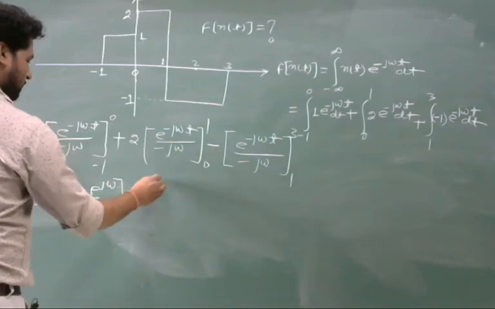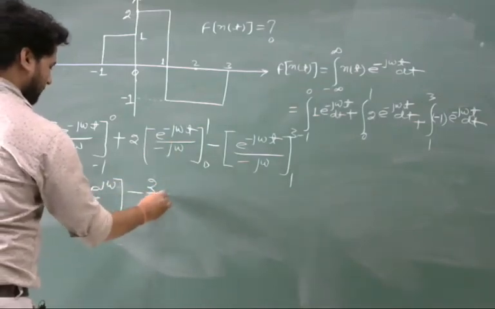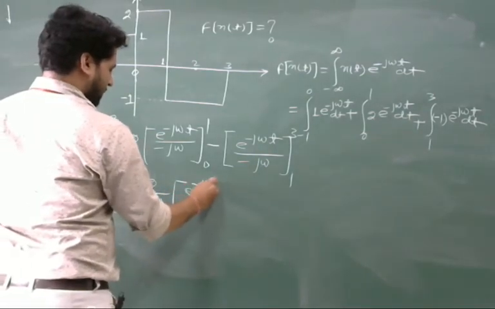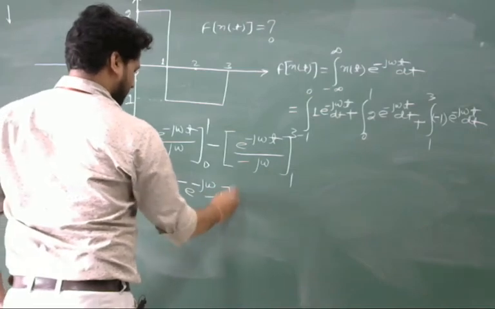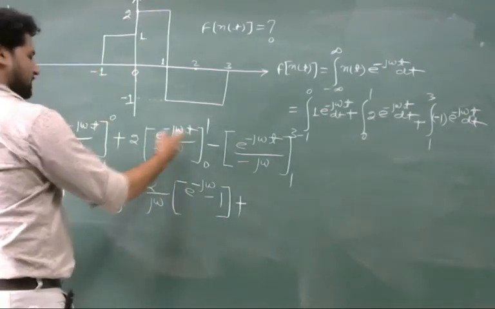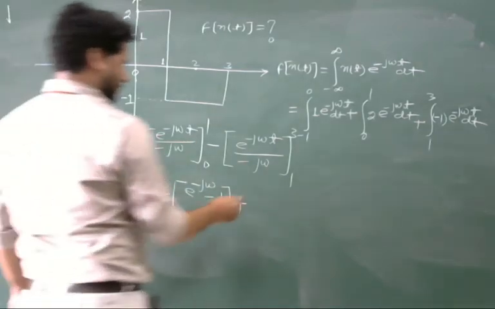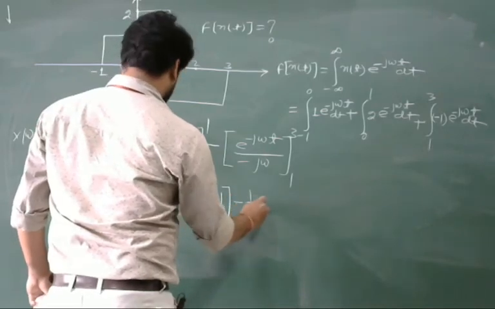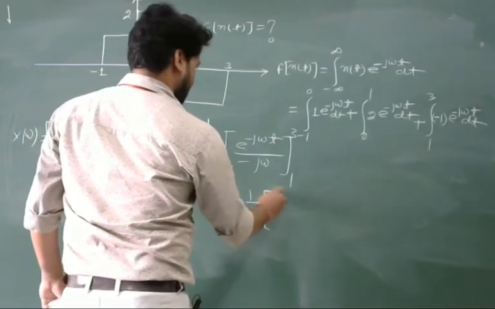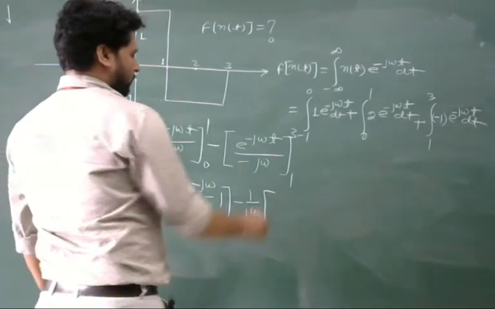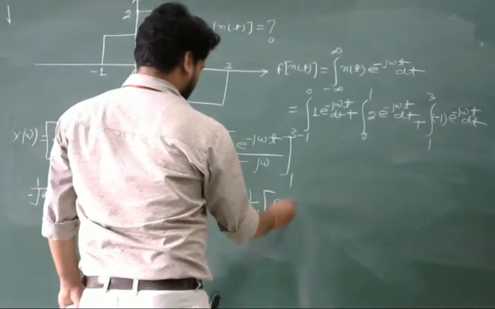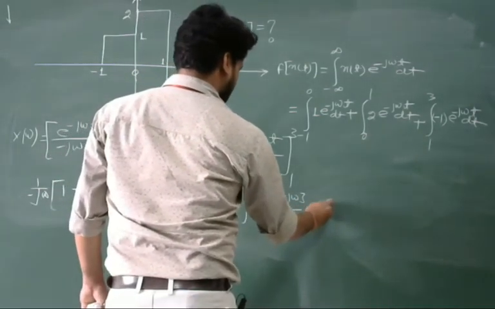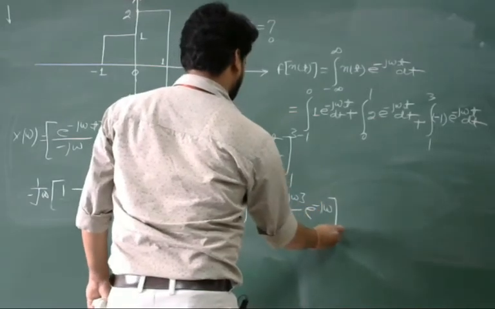Then this is minus 2 by j omega, and after putting the limit, this will become e power minus j omega minus e power 0, meaning 1. Then minus 1 by j omega, this limit is from 1 to 3, so it is plus 3. This will become e power minus j omega 3 minus e power minus j omega 1.